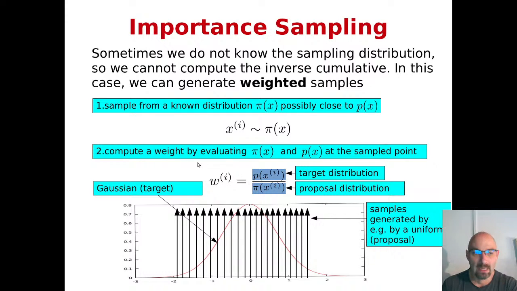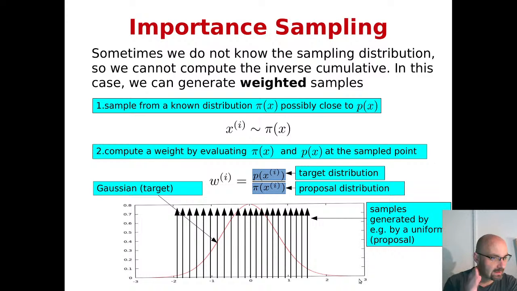Now, consider this example over here. I want to draw from this distribution. Let's just say that I don't know that it is a Gaussian. Then I might say, okay, instead I could sample from a uniform distribution that covers enough the area where my P, which is the red one, is active.